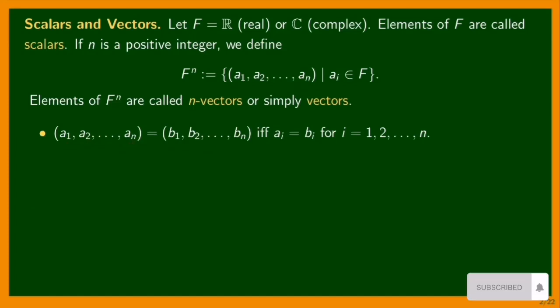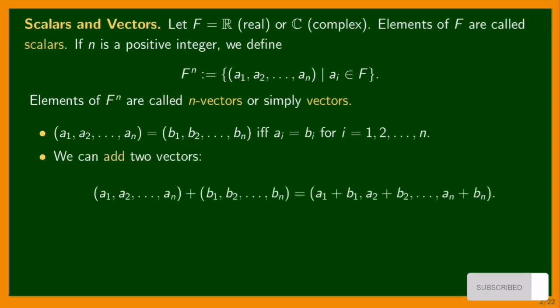If you somehow disarrange the position of these elements, then it doesn't mean the same thing anymore. In fact, two vectors will be equal if and only if they are equal position-wise or component-wise. These are called the components of the vector, these being the first, the second, and the nth component. So these two vectors will be equal if and only if a1 is equal to b1, a2 is equal to b2, and so on, an is equal to bn.